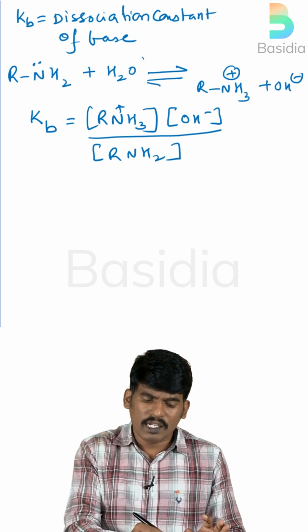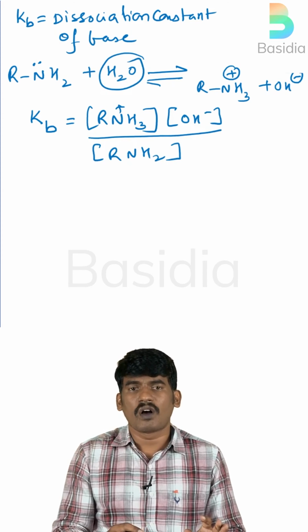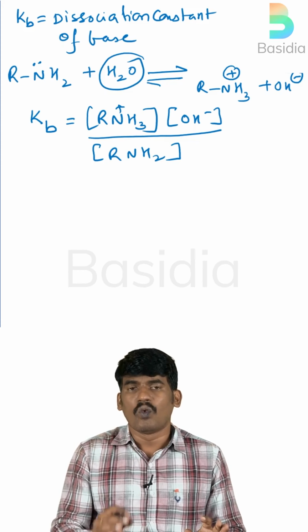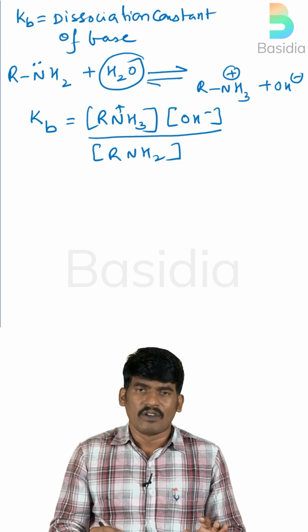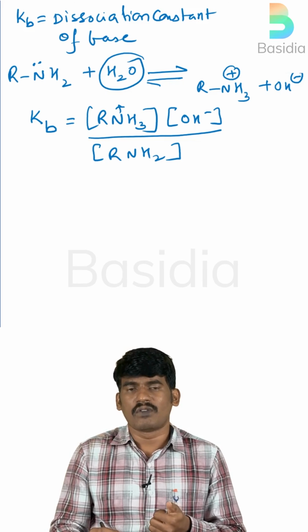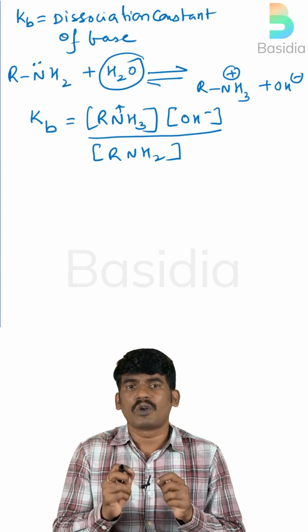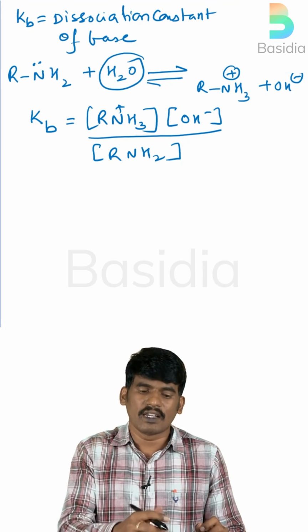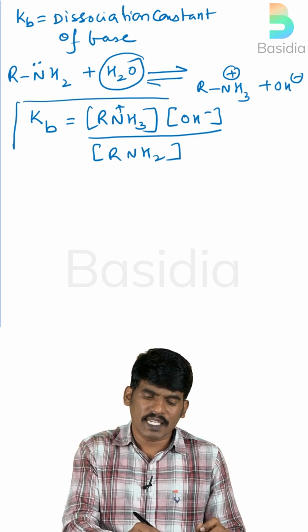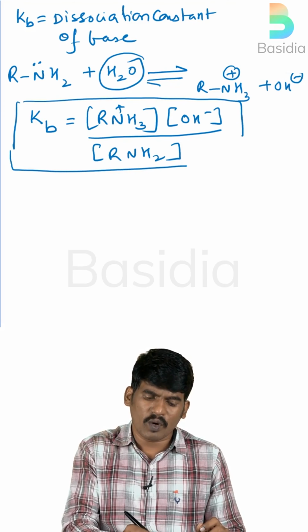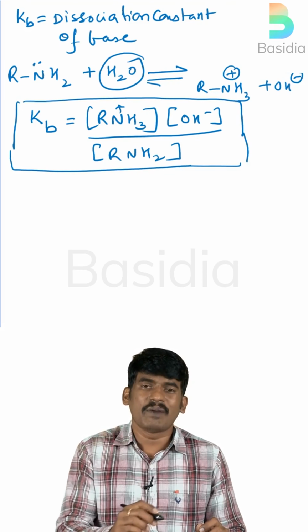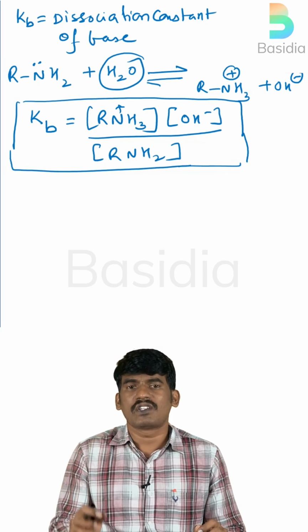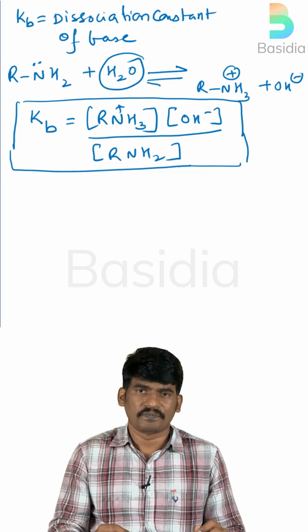We will not include the concentration of H2O, because practically water is taken in excess. When water is in excess, its concentration is constant, so we do not include it in the equilibrium constant expression. Here the equilibrium constant is Kb, the dissociation constant of the base.